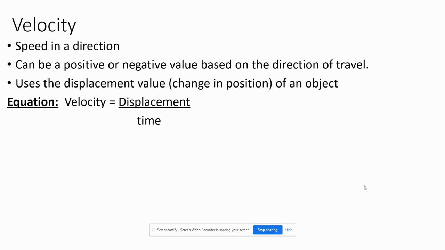Even though displacement is a little different, in a lot of our labs, we're going to be using the distance an object traveled to find velocity, because if it doesn't come back or change direction, it's still going to be the distance it traveled. So write this down for now: velocity equals displacement over time. But again, you'll see us interchange distance and displacement occasionally when we're doing math problems. All right, units are the same as speed. So displacement is meters, time is seconds, velocity is meters per second.